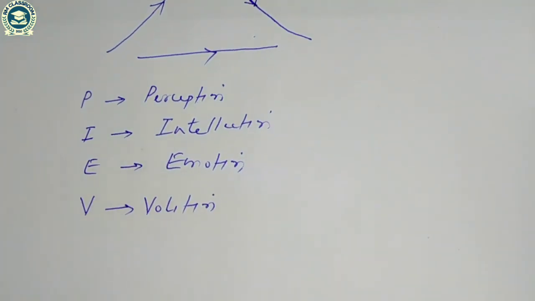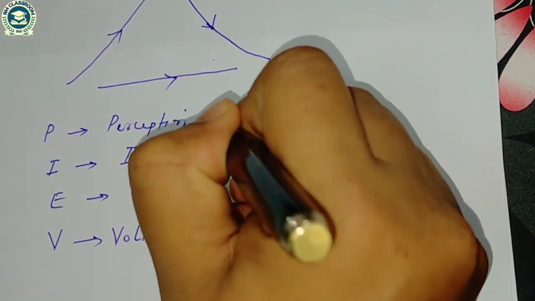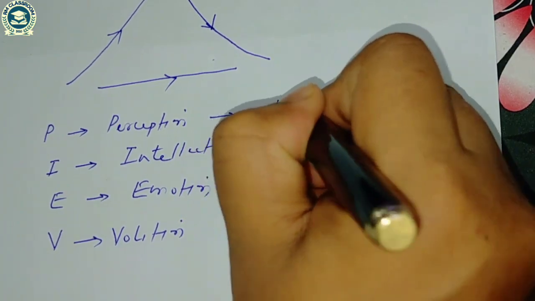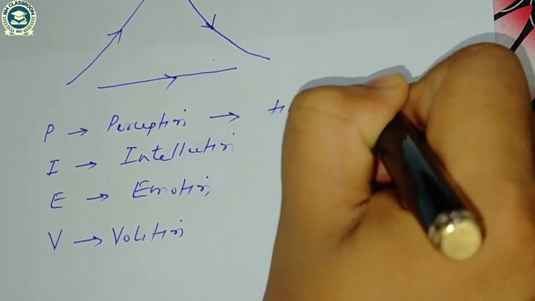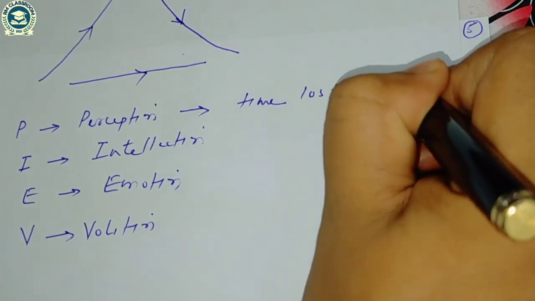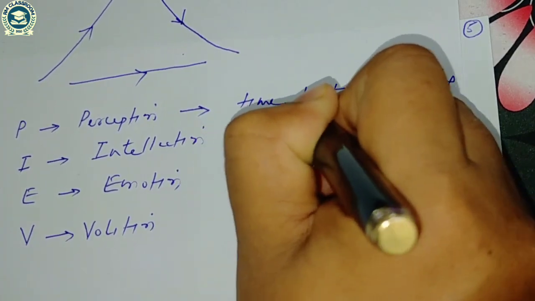So these four parameters, perception, intellection, emotion and volition, determine our total reaction time. Perception time is the time lost in perceiving any object.